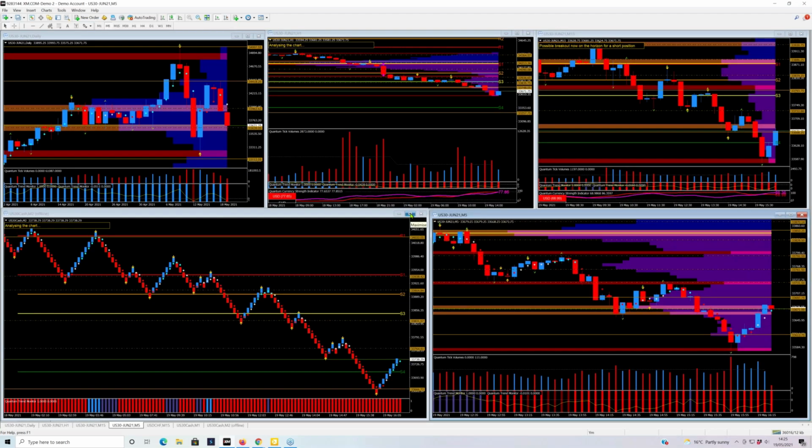As I said, with the YM, it's nice and steady as she goes. By putting it all together, looking at the daily, looking at the levels on the hourly, looking at the levels on the faster time frames, and using the Renko for your entries and your faster charts, and using levels again.